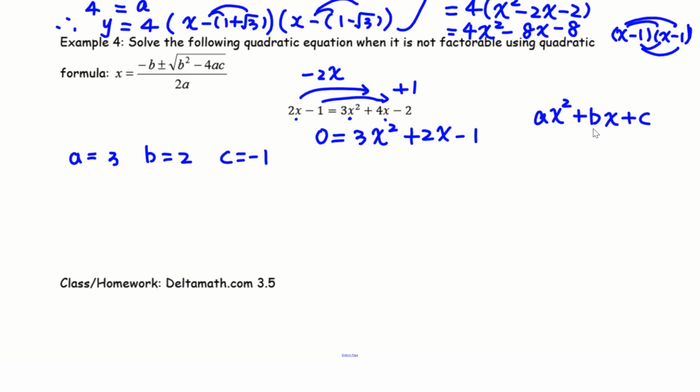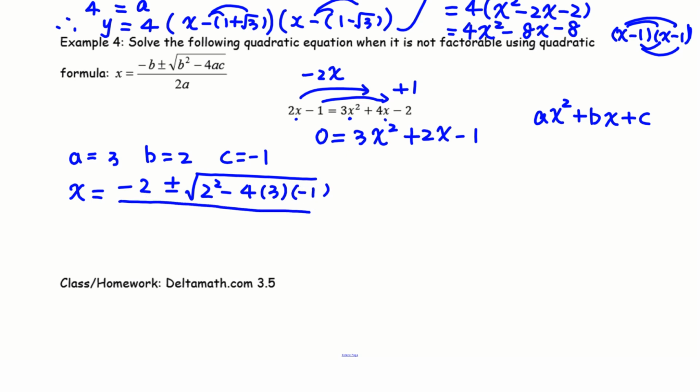Once we have a, b, c, there are only numerical values, no variables, just the number in front of the variables. So we sub this into the quadratic formula: x equals negative b, which is 2, plus minus square root, b squared is 2 squared, minus 4 times a which is 3, c is negative 1, then all over 2 times a value 3.